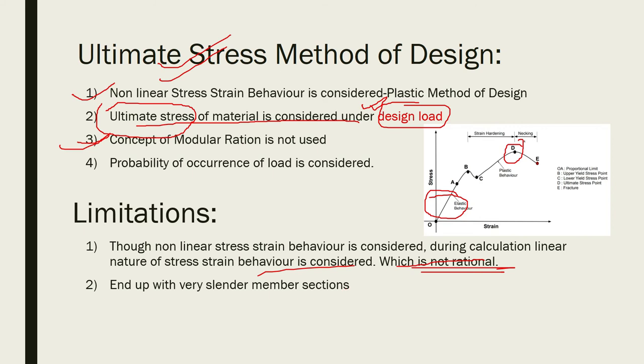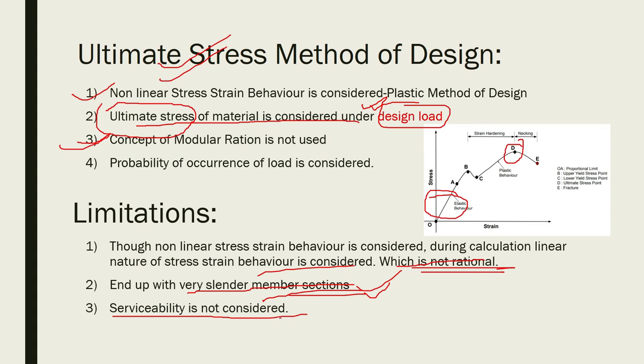Then when we consider the ultimate strength, we end up with very slender members. In the working stress method we get very hefty, very large sections, but in the ultimate method we get very slender members. Slender members have a problem of serviceability, which is the next limitation. Serviceability is not considered.